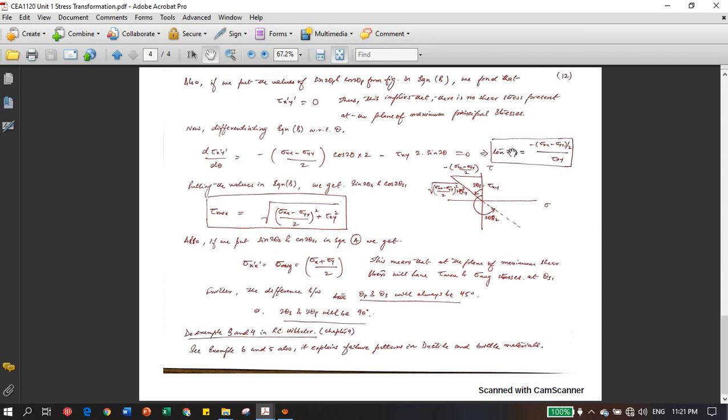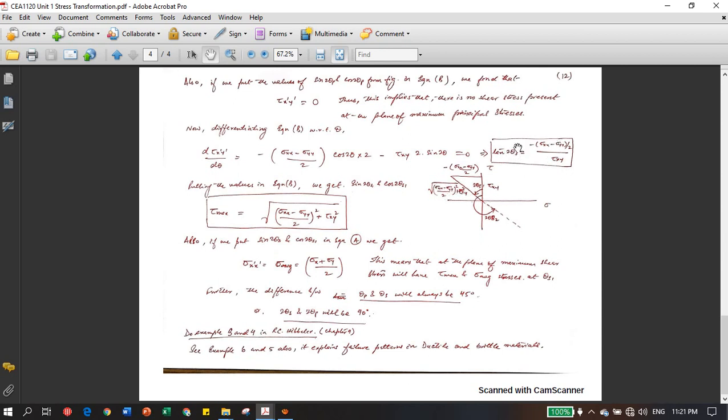At 2 theta s, we will put the value back in the equation and calculate the maximum amount of shear stress. Similarly we can calculate the values of sin 2 theta s and cos 2 theta s: this is 2 theta s, this is perpendicular, and this is base, and you can calculate the value.